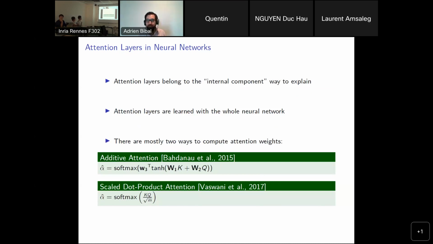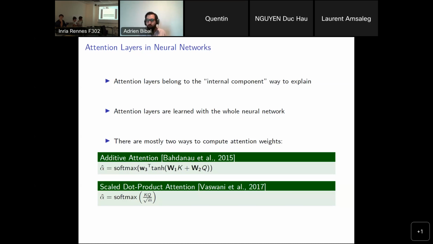What's interesting with that is that we can have an explanation of the black box which is trained alongside the black box itself. So it can be more interesting to consider an explanation that comes from the inside of the model instead of something that's outside and just approximating what the black box is doing.